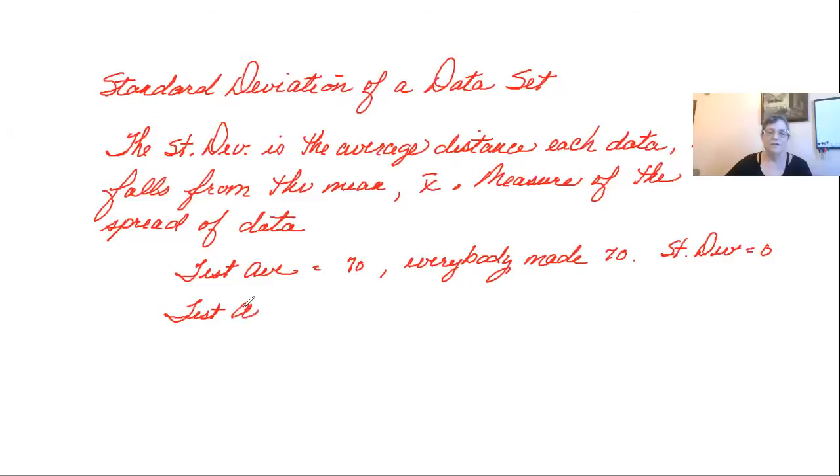What if I give a test and the test average is 70, and the grades all fell between, oh, I don't know, 55 and 100?